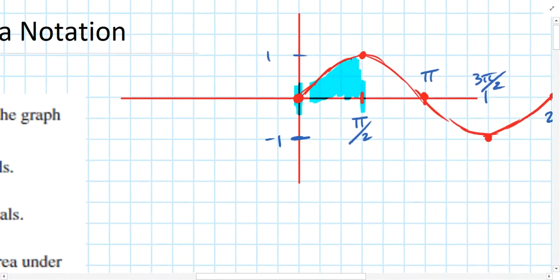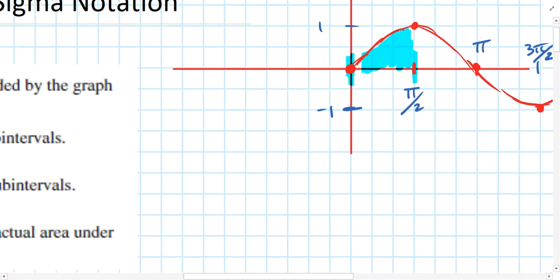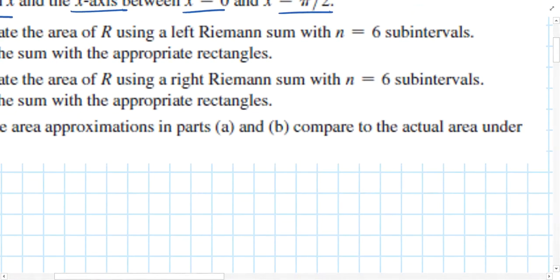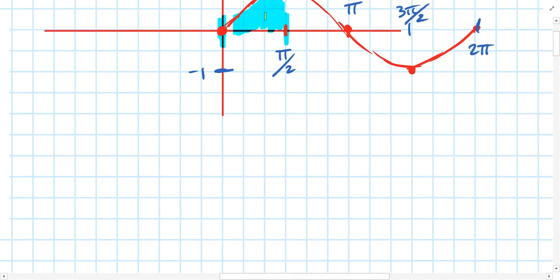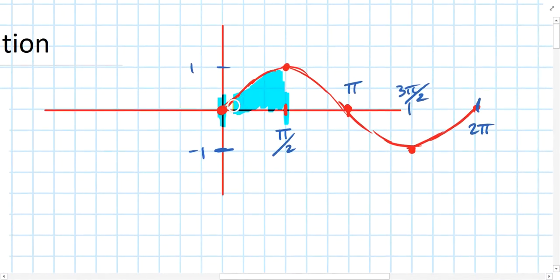So that's the region of the graph that we're talking about. And as we continue to read this problem, we're being told that we're going to create Riemann sums with 6 subintervals. So this particular sketch probably won't do. I need 6 subintervals, not just 3.